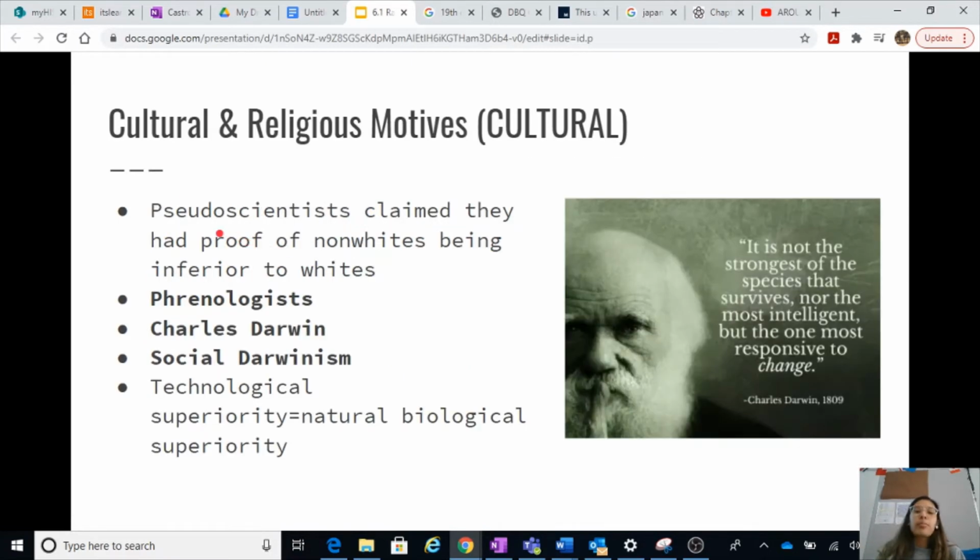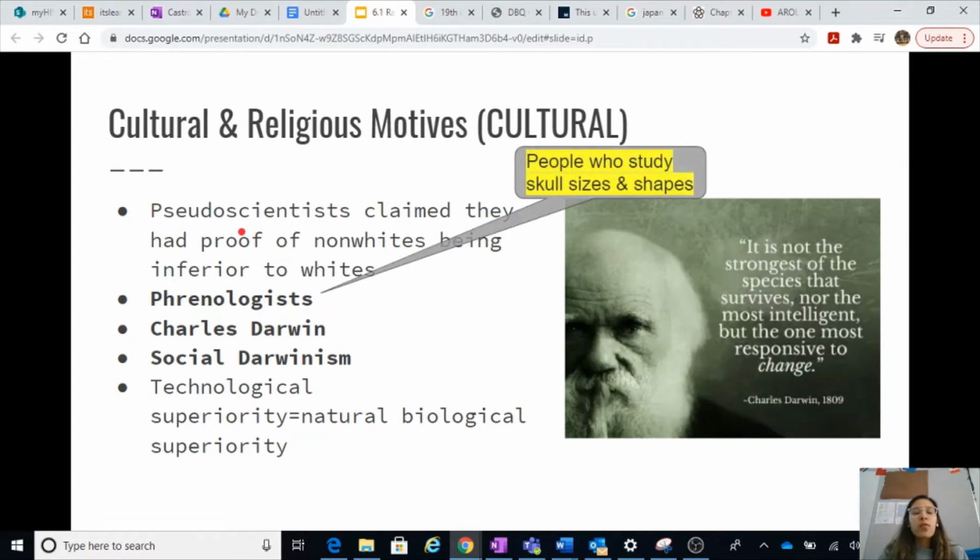We're going to see science being used in a very misleading way. Pseudoscientists, pseudo means fake, and you know what scientist means. Fake scientists are going to claim that they have proof that non-whites are inferior to whites. We're going to have phrenologists, who are people who study skull sizes and shapes.